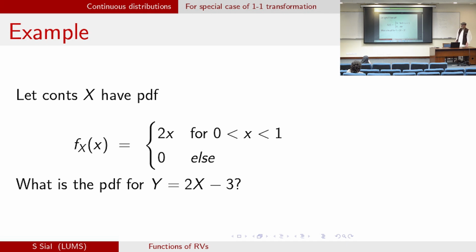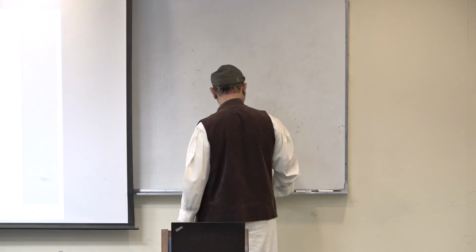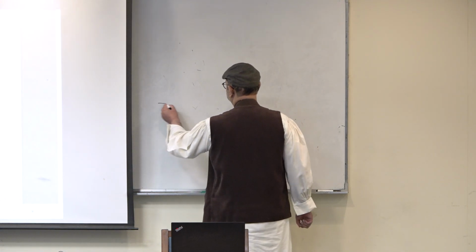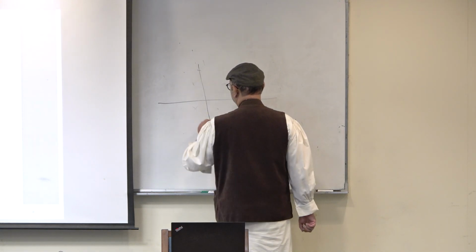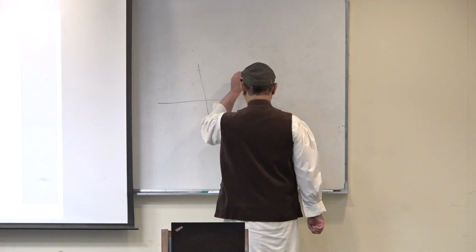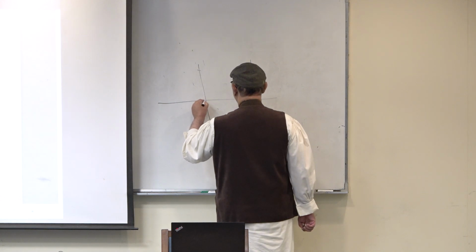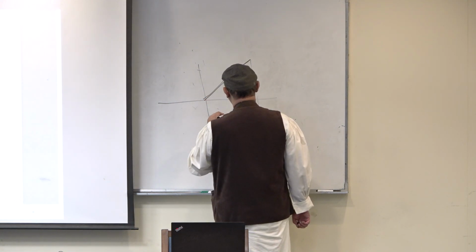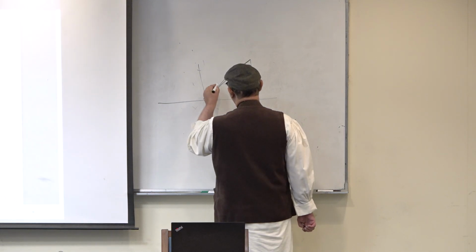Let's suppose that we've got this X, it's continuous, and it takes values between 0 and 1. Let's say that's y, this is the line y equals 2x.